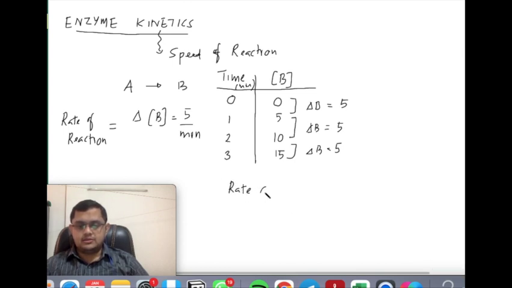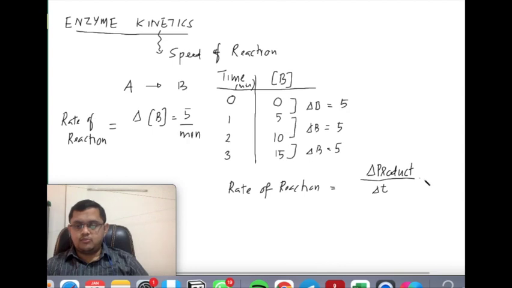The rate of reaction can be calculated in two ways. One, how much product is produced, that is the change in product concentration, delta product with delta T. As you see in this example, at every 1 minute we see how much the product is changing.